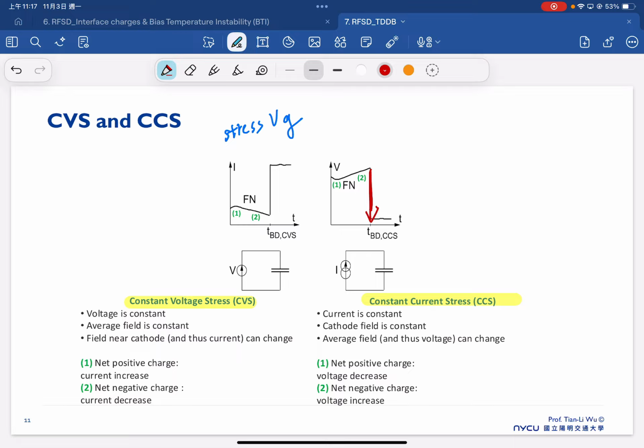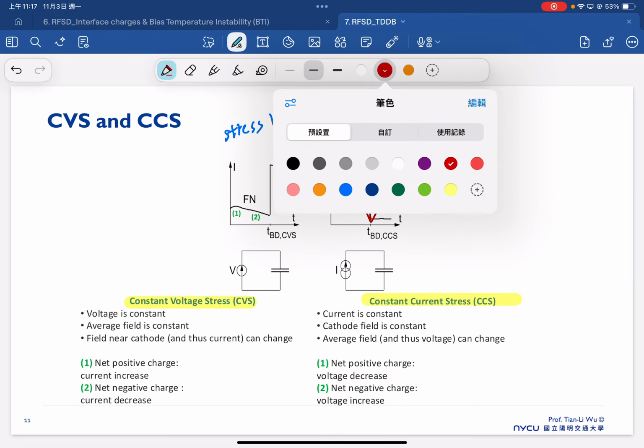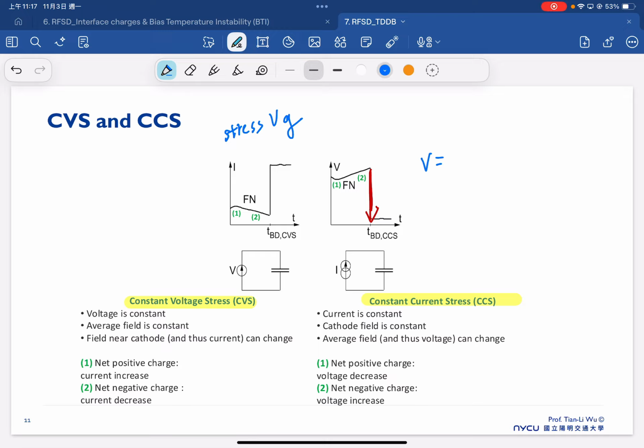The drop of voltage is because, as you know, V is equal to I times R. If the dielectric is broken, losing its insulating property, the resistance decreases, and once the resistance decreases, your voltage decreases. So that's very common to see. The constant current stress will show the voltage suddenly break down, and then the voltage will decrease.